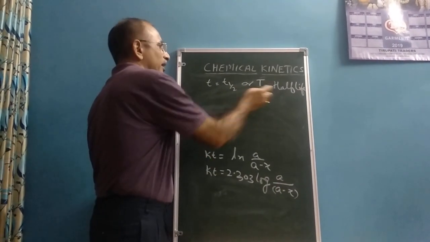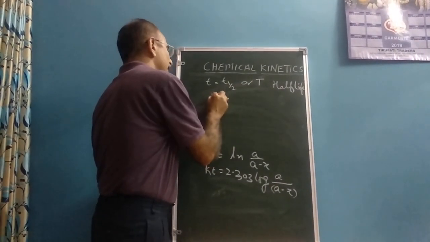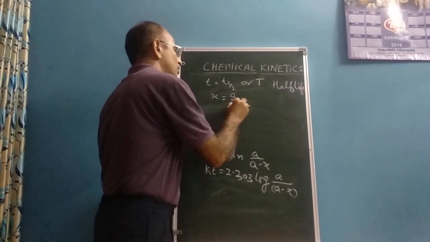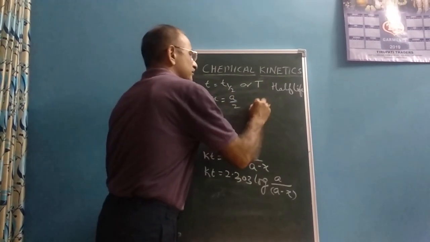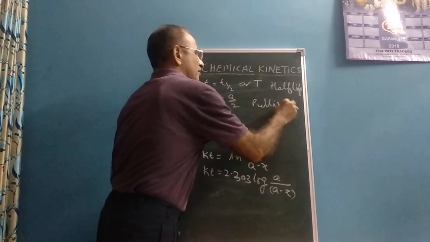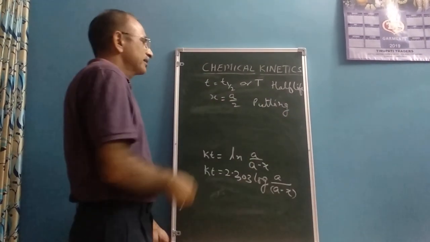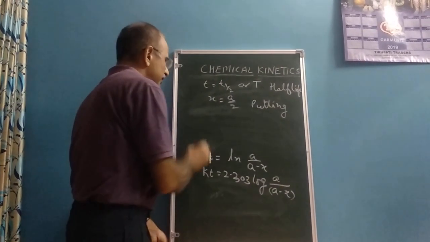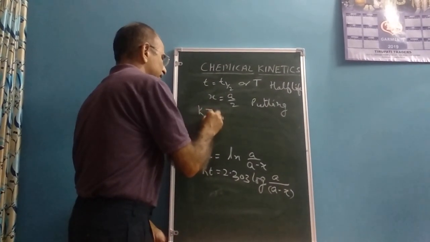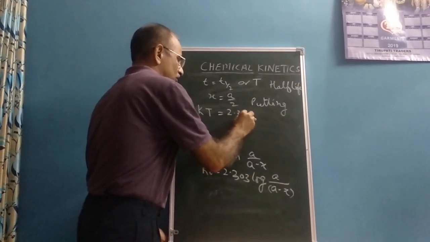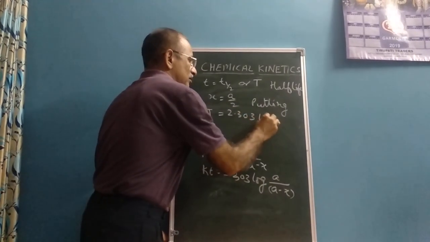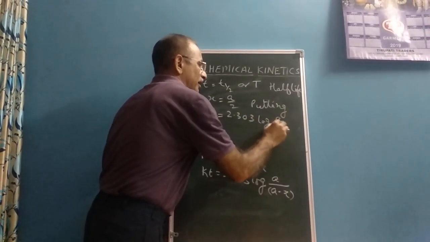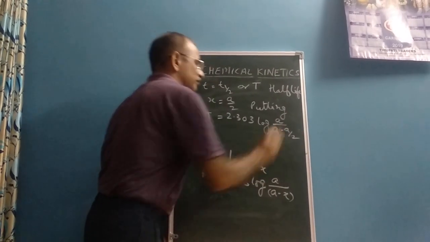Here at t equal to t half, x will be a by 2. Now putting the value of x as a by 2 and t equal to capital T, we get kT equals 2.303 log a by a minus a by 2.